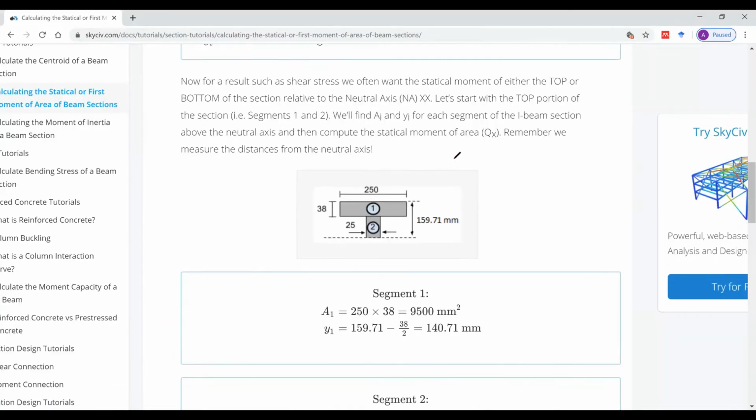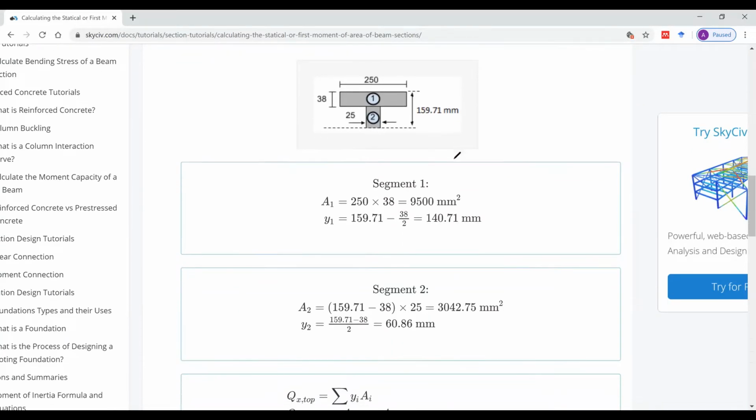And that's what you can see here. So let's do it for the first, or let's say the upper cross section, and here the area 1, which is this times this. And y for the area 1, which is the centroid here, the neutral axis, is equal to the whole distance, which is this, minus half of this over 2.